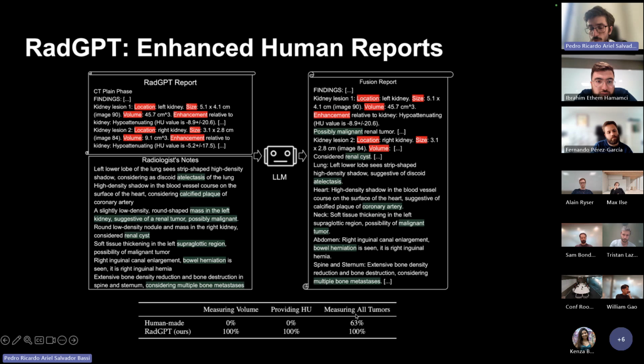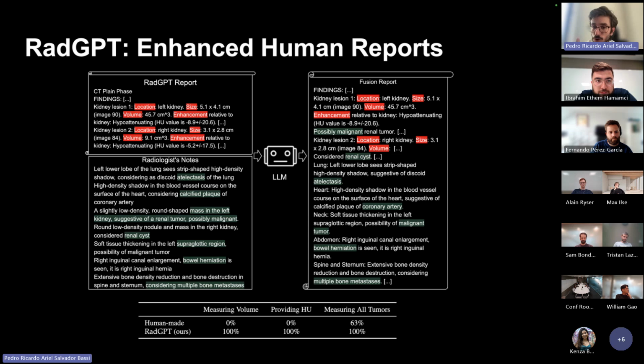Almost 40% of human-made reports mentioned tumors but do not provide measurements for them. Also, our reports provide numerical HU values for all tumors, and human-made reports do not. And our reports provide the volumes of tumors, while human-made reports only provide the diameters of the tumors.